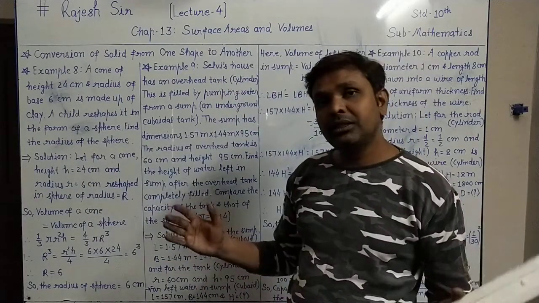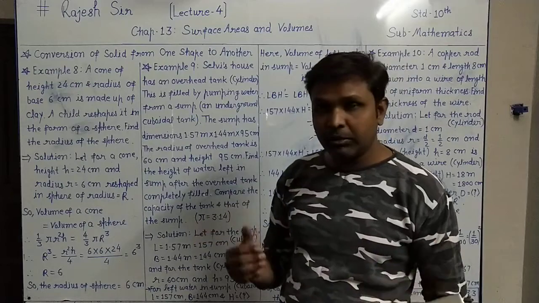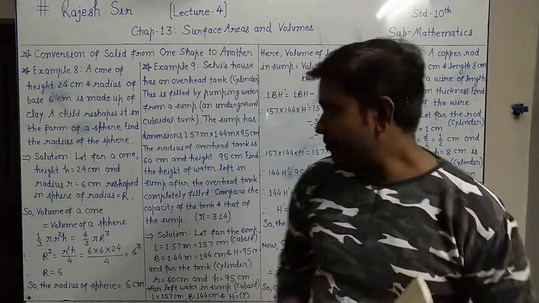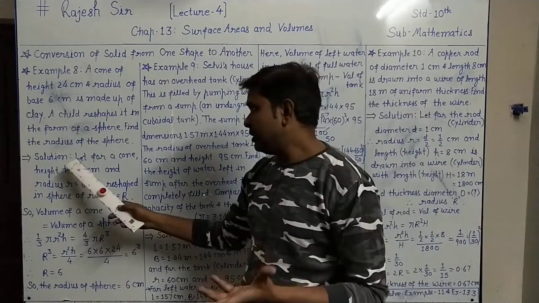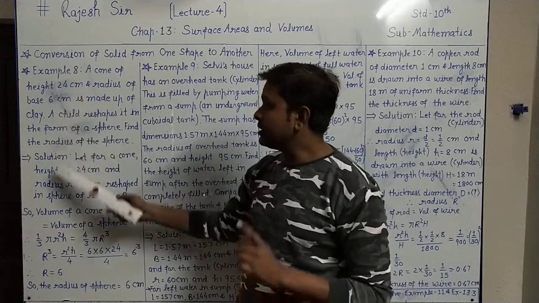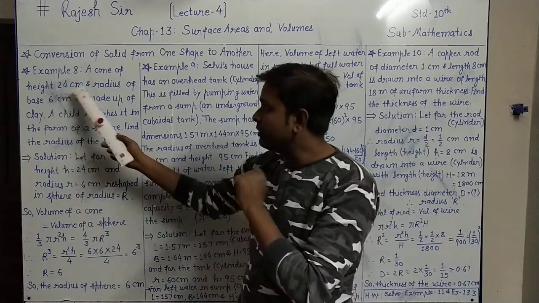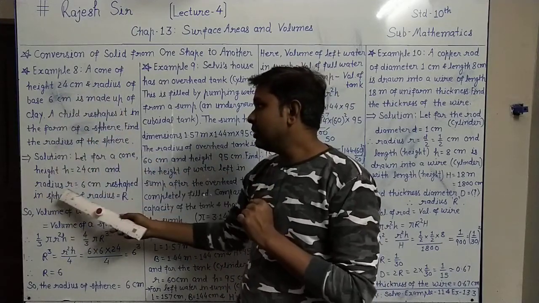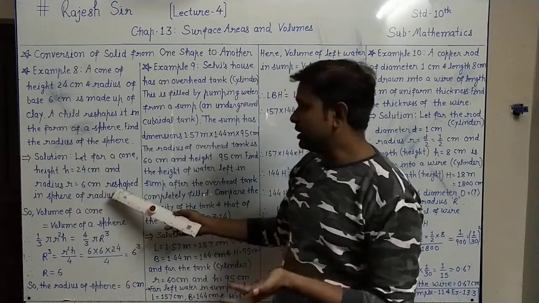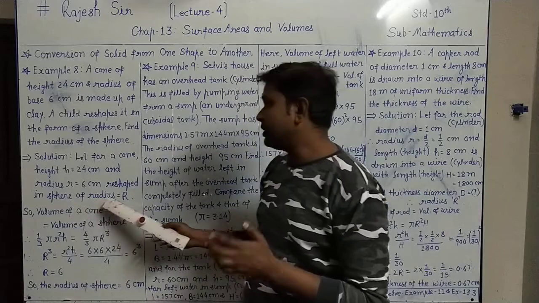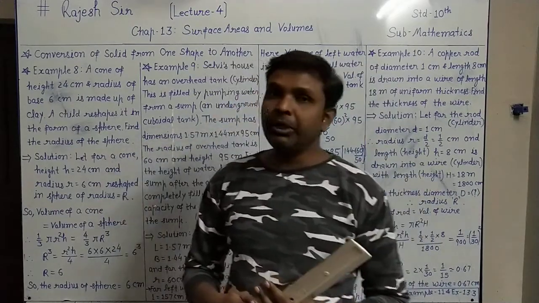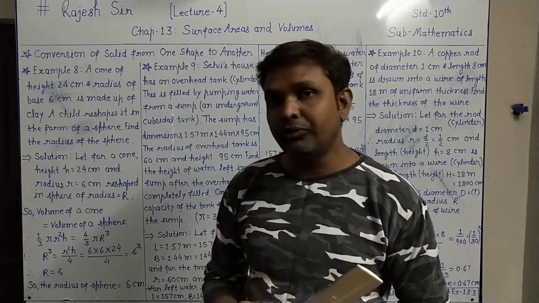Again we consider what we have talked about in this lecture, that volume remains the same. First of all, for the cone the height is small h equals 24 cm, and the radius of the base is small r equals 6 cm. This cone is reshaped into a sphere of radius capital R, which we want to find out.